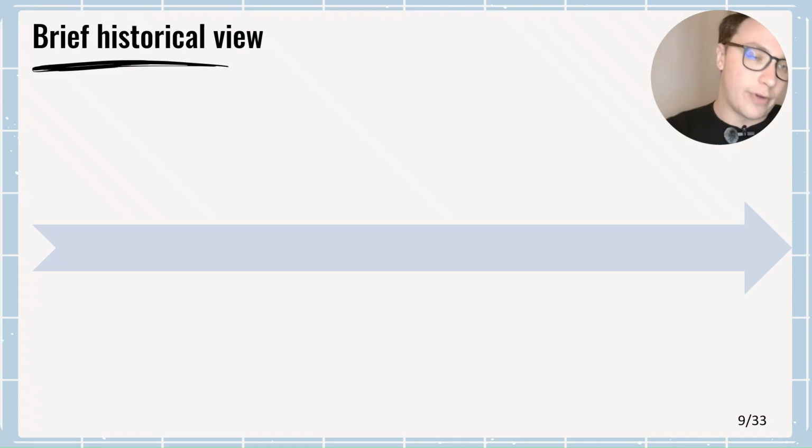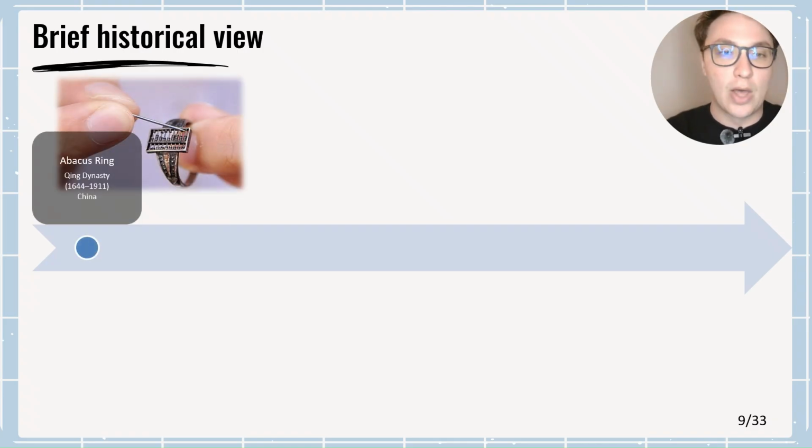Having a look very briefly at the history of electronic textiles, we have to go a little bit back in the days to the Qing dynasty in China, 17th century, when they were actually able to fabricate an abacus and to embed this abacus into a ring.